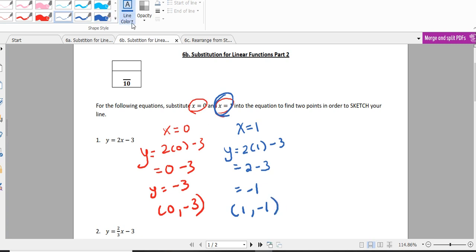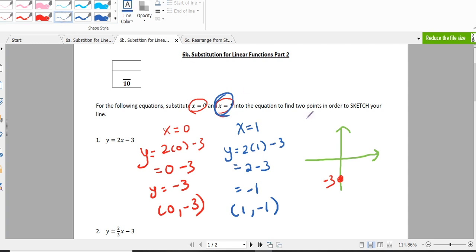Okay, so let's draw a quick sketch. Boom. Ooh, that's not a great line. Let's try that again. Better. Okay, so 0, minus 3 would be my first point. That's down here, minus 3. So I got one point right there.